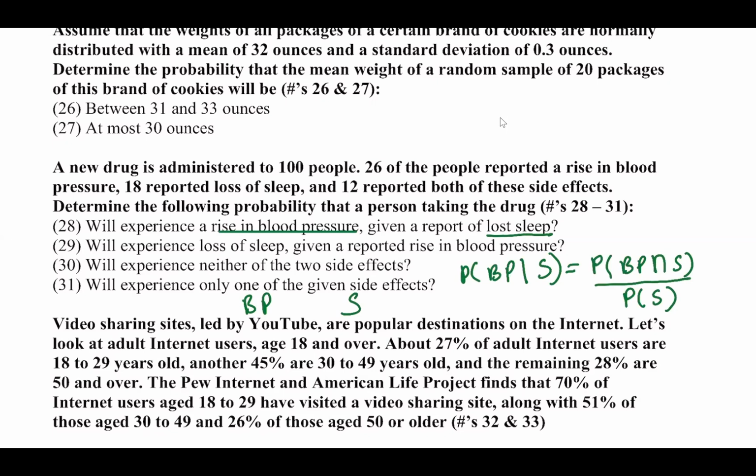So we want to find the probability that a person has both a rise in blood pressure and suffers from loss of sleep, and divide it by the probability of a person suffering from loss of sleep. So for this one, how many people do they tell us have high blood pressure, or a rise in blood pressure, and suffer from loss of sleep?